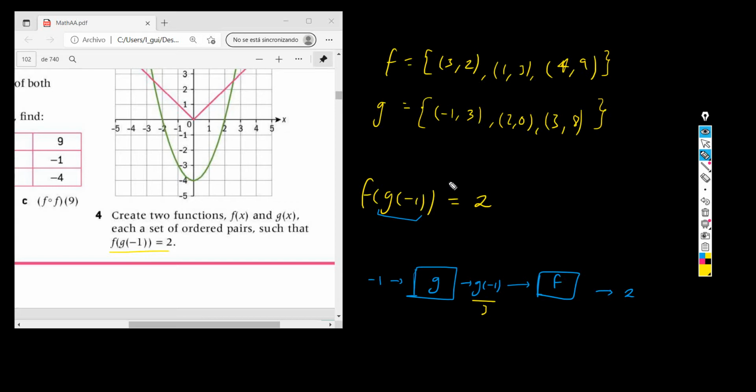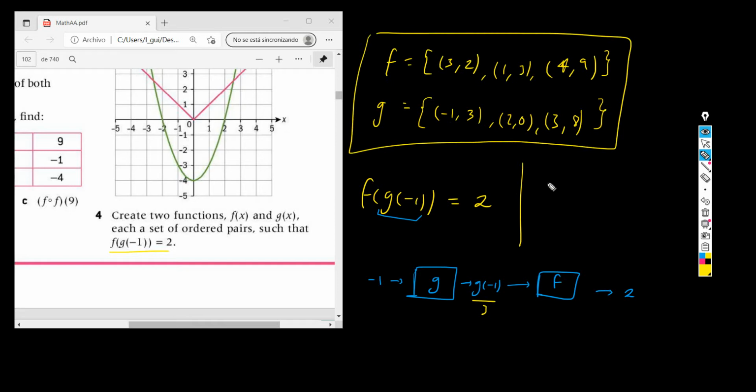Okay, and if you want me to prove it, here it goes. Just pay attention to this, guys. How much is g of -1? In other words, when I give -1 as an input to g, what is the output that g is giving me? It's giving me 3. So g of -1 is 3. All right. Now, if I give f the value of 3, which is this g of -1, how much is f giving me in return?